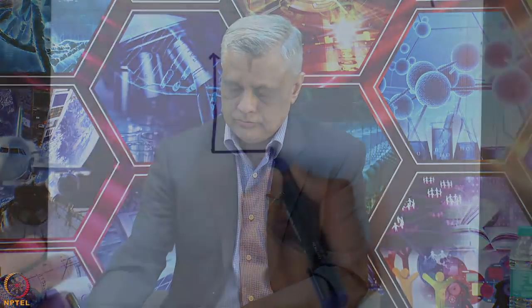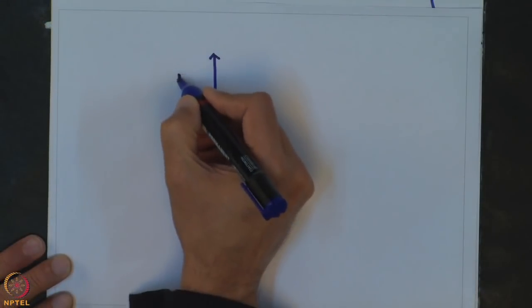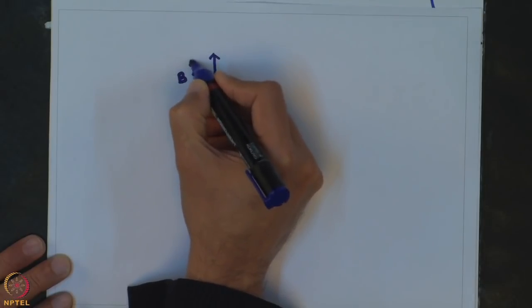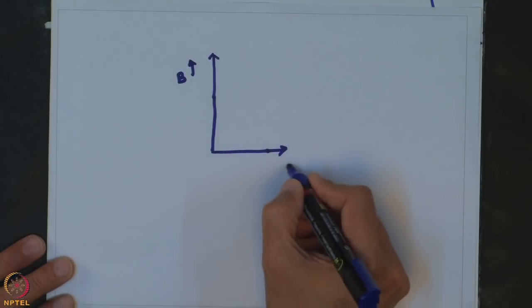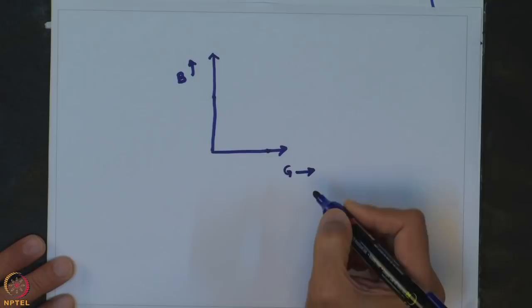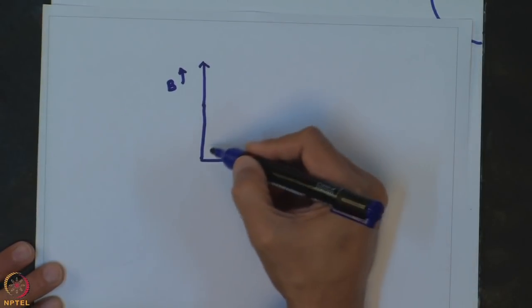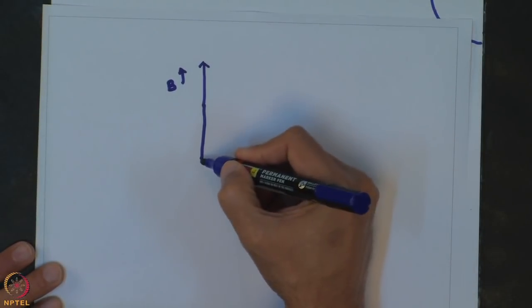If I was to represent this on a diagram, it would look something like this: B shown on the y axis and G shown on the x axis, and this is the resultant admittance.